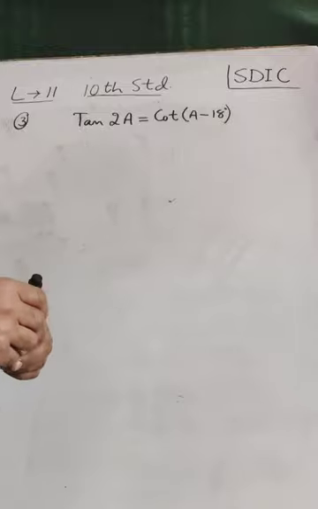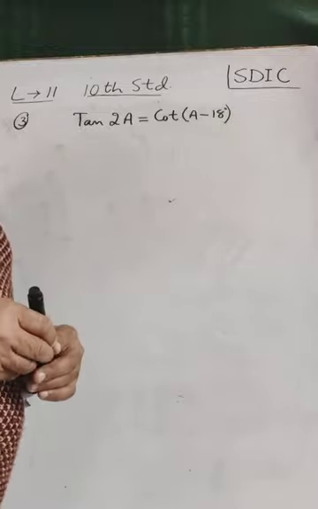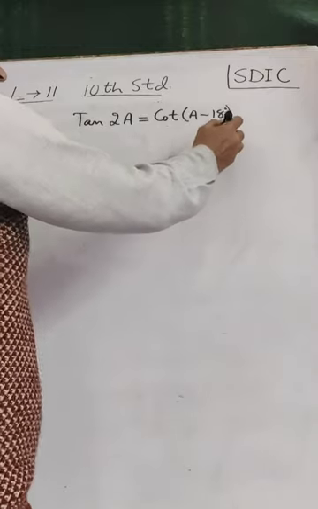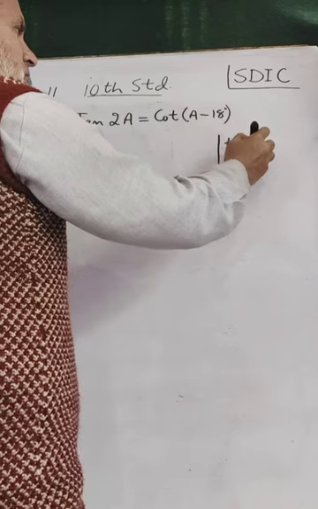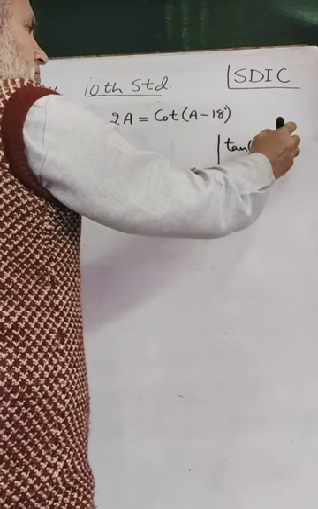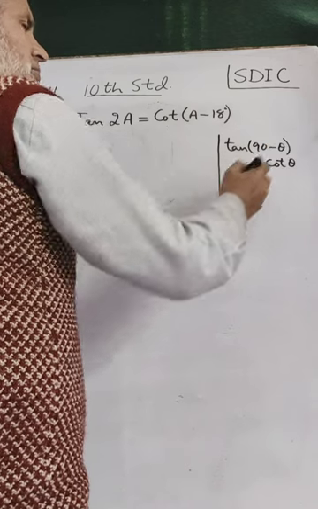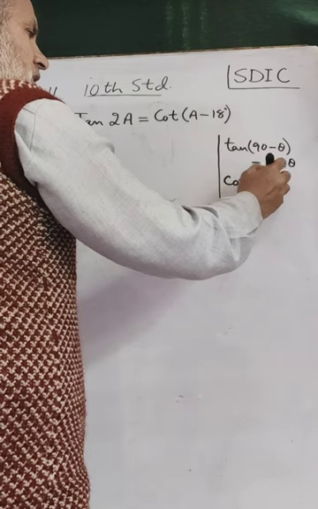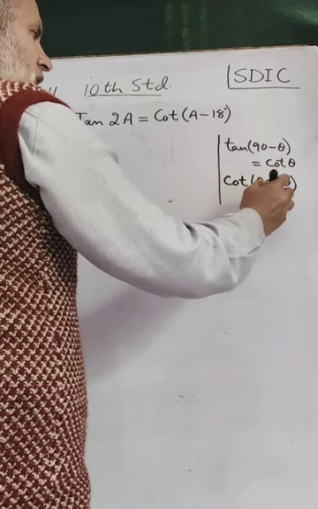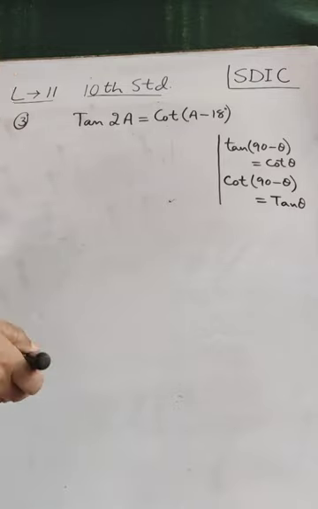Between tan and cot there are two relations. It's the rough work. The first relation is tan 90 minus theta is equal to cot theta. And the second one is cot 90 minus theta is equal to tan theta. Both these relations involve tan and cot.